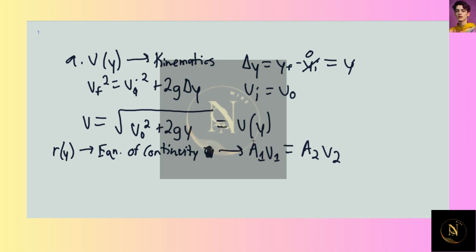The cross-sectional area of a pipe is simply the area of a circle. So the first section is pi r0 squared times that initial velocity, and the second is pi r squared times the velocity in the second section of the pipe, wherever that may be.